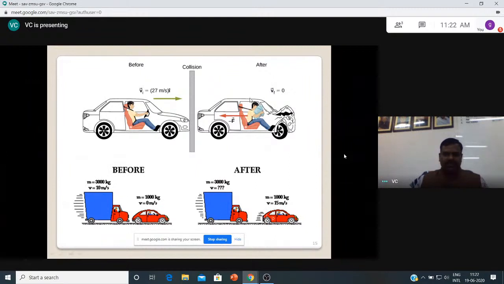Collision is between the two bodies. After that, what is happening? The crash, either this part or the face. That's why we use airbags to avoid such problems. Nothing would be prevented if the airbags were removed when a high collision takes place.